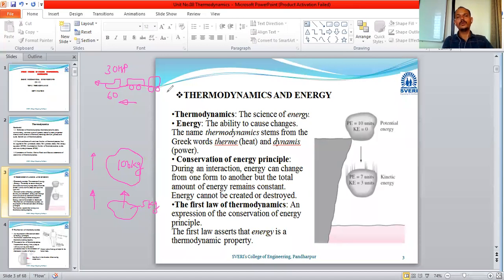When it flows through the penstock, at that time the same energy converts into which type of energy? Kinetic energy. And when it strikes the turbine, then it converts into which type of energy?